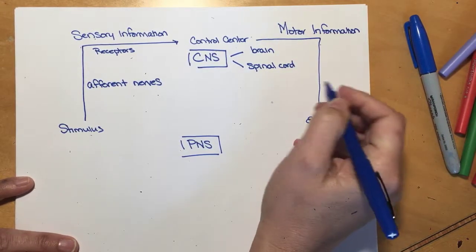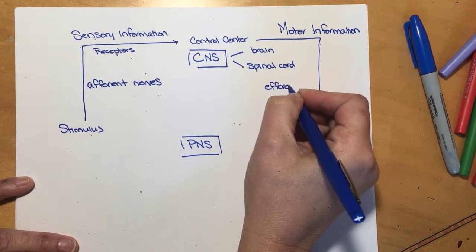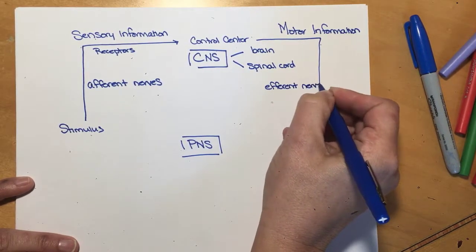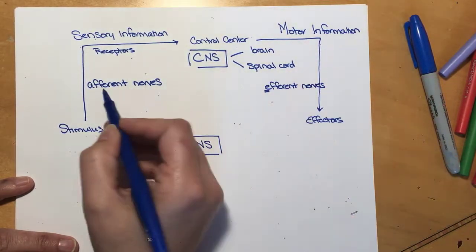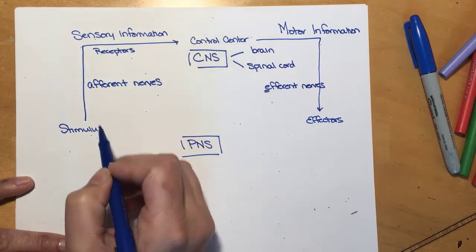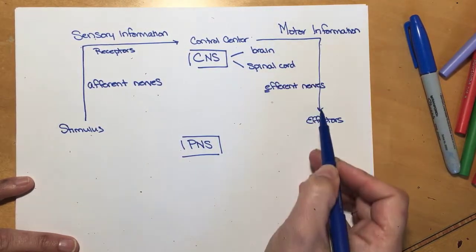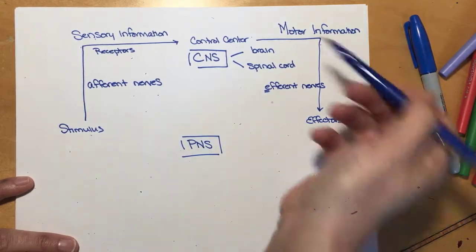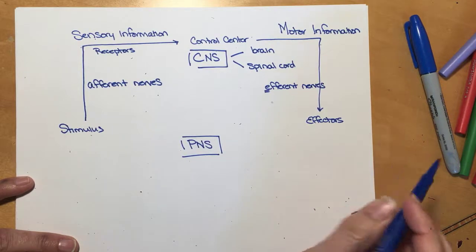And these nerves that carry motor information are called efferent nerves. And we've seen this word before also. Remember, E for exit. So we have afferent nerves carry sensory information in, and efferent nerves carry motor information out. We never have motor information going the other direction. We only have motor information going out.